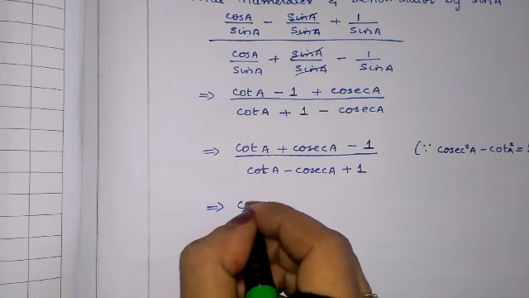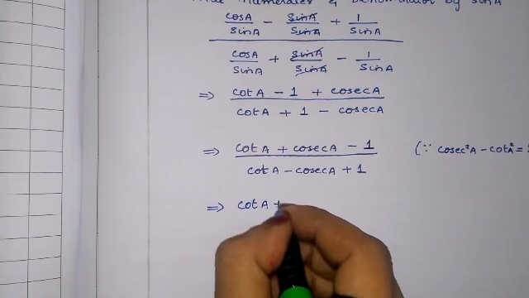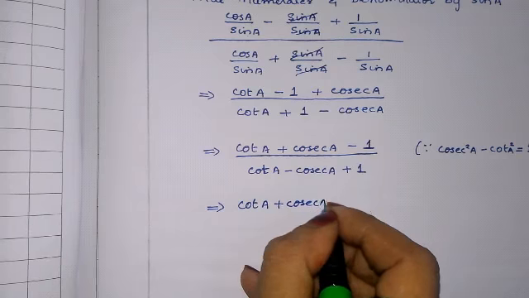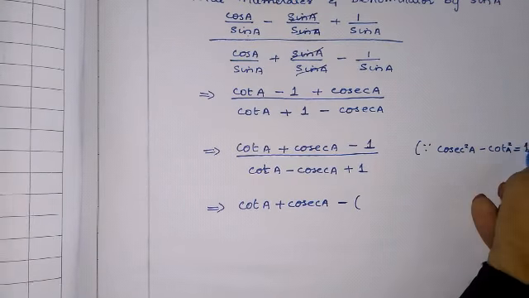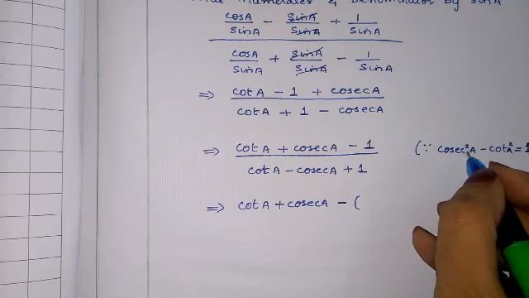What I am doing: cot A as it is, plus cosec A as it is, minus, and for the 1 value, they have told in the question to use this.